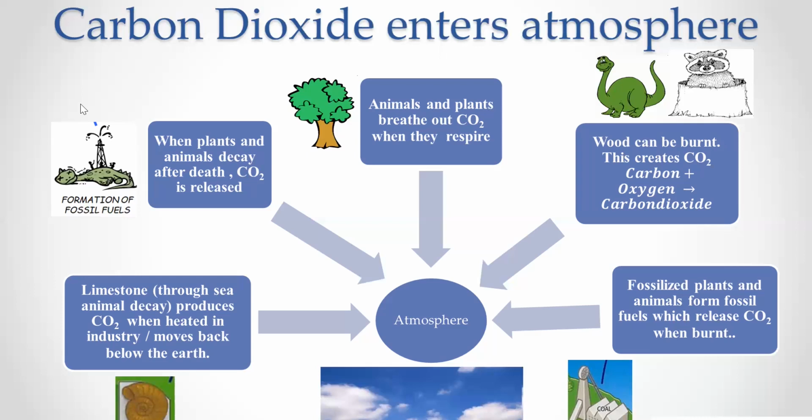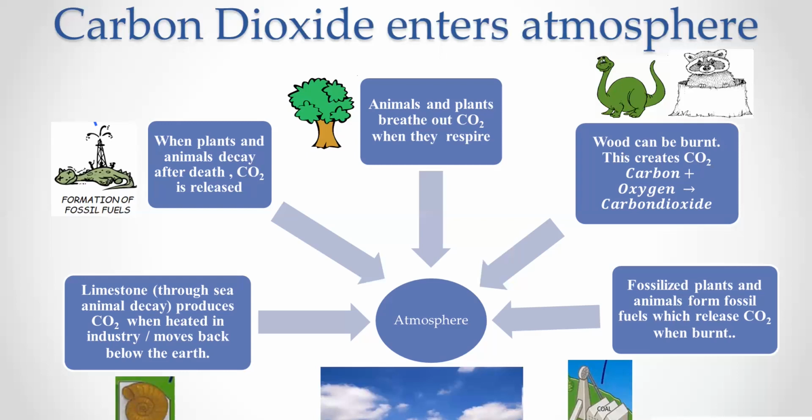Then fossilized plants and animals form fossil fuels, which release carbon dioxide when burnt. Before that, we learned that when plants are fossilized, they use carbon dioxide. But when these fossilized plants and animals are burnt in the form of coal, petroleum, or natural gas, they release carbon dioxide to the atmosphere.